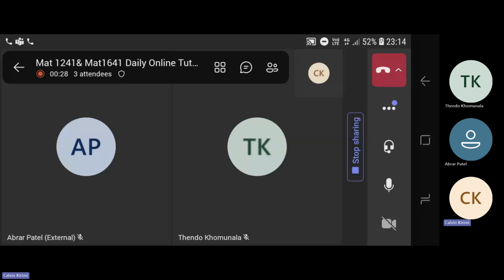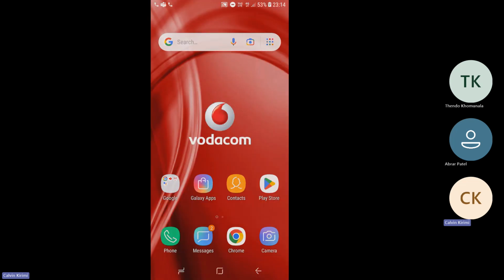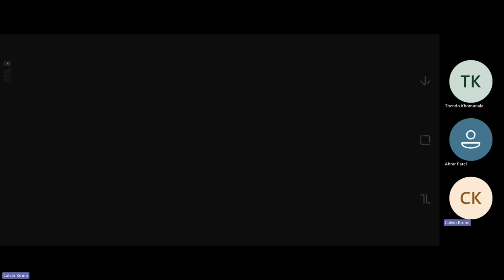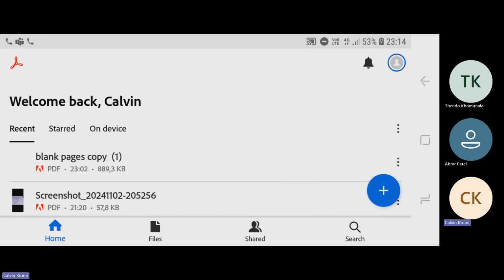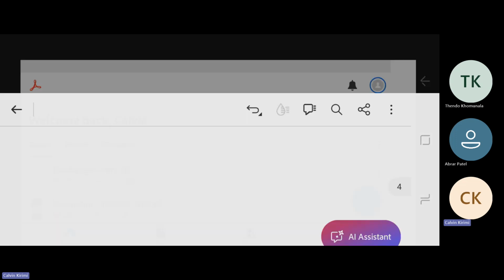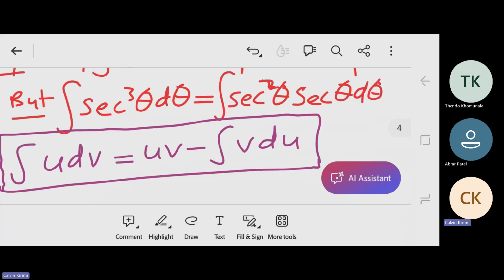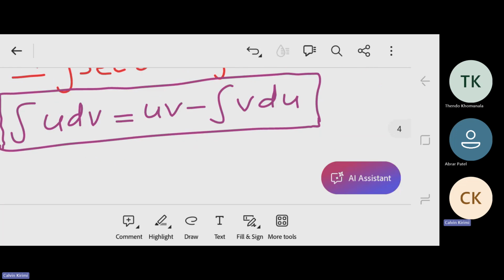So once we are going to integrate by parts, we are going to look for what is our u, what is our dv, then we solve and substitute. That's what we are going to do. Let u equal something, let v equal something, etc. Now let's continue.